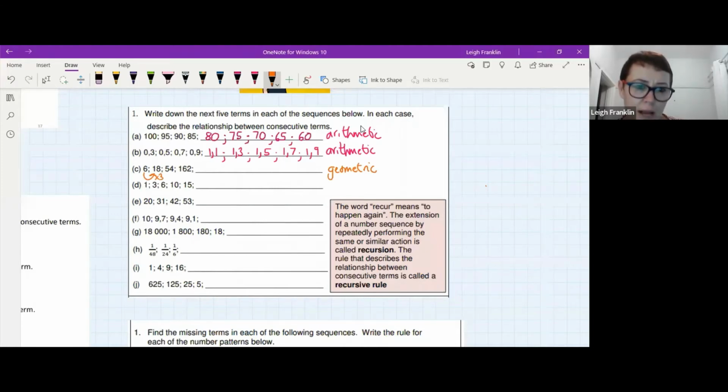So to go from 162 to the next term, you've got to times by 3, Motiban. Okay, ma'am, I'll try. 162 times 3.